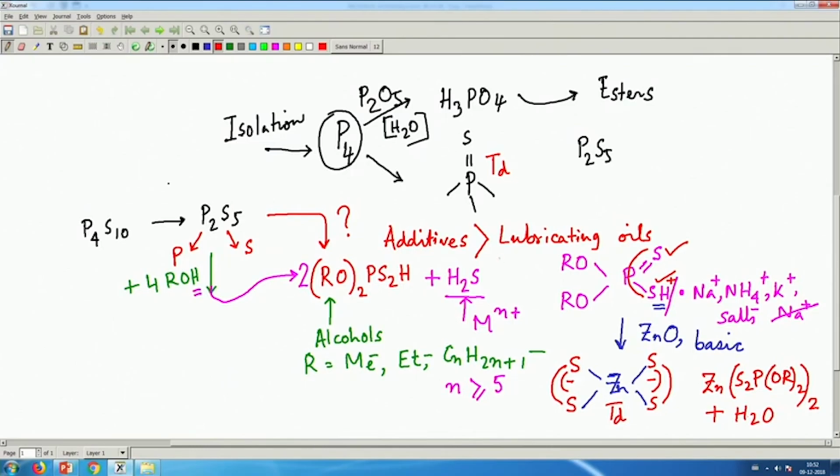Now you get your additive for lubricating oil. So the making of this particular compound is useful as an additive for lubricating oil. This compound, along with the formation of the sodium and the potassium salt, can also be an intermediate in manufacturing insecticides.